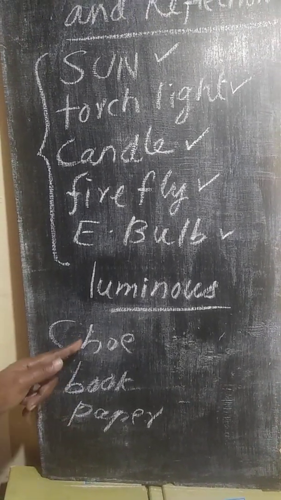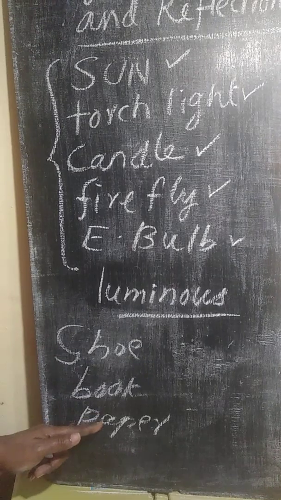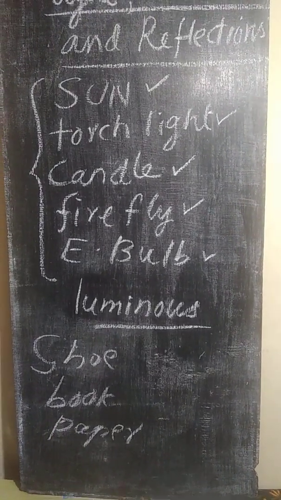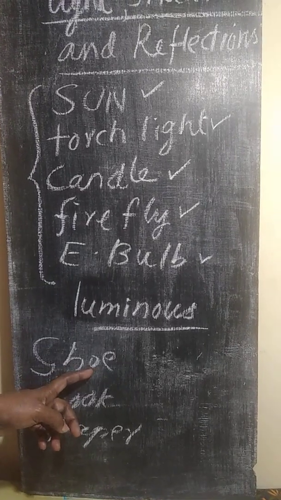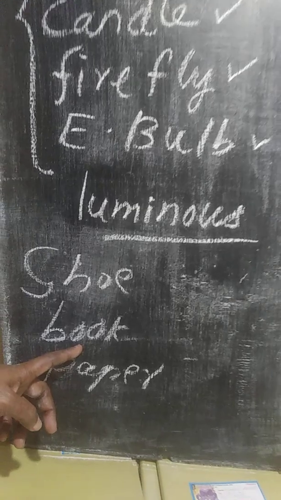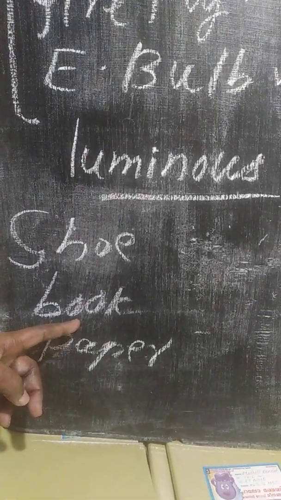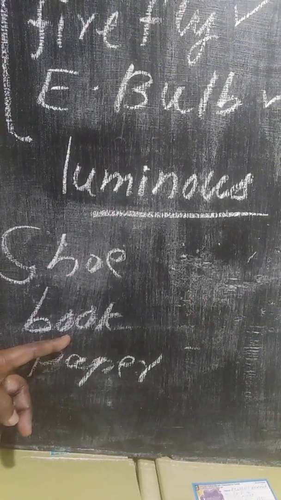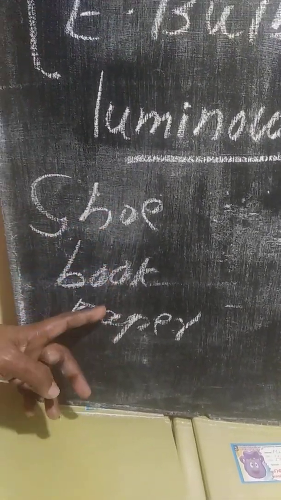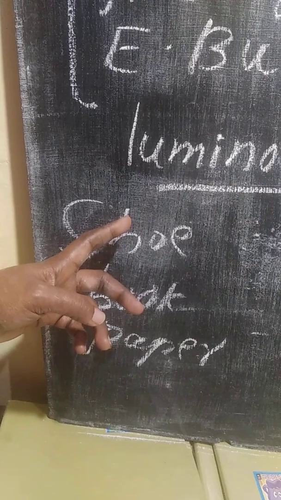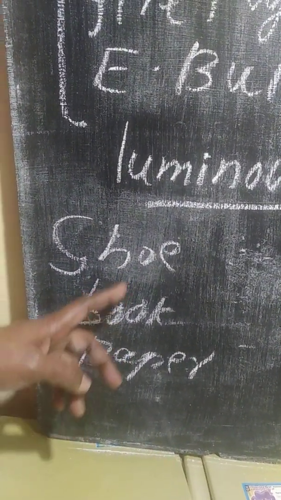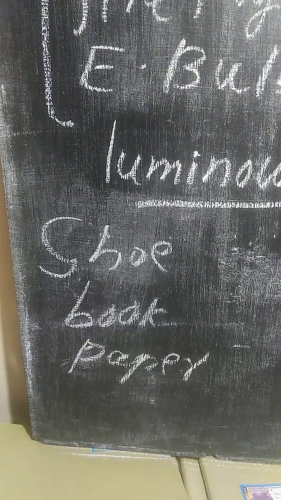And during night time, we are able to see these objects with the help of some source of light other than sun. Shoe is visible with the electric bulb or with a candle. Book can be visible with a candle light or with an emergency light. Because these objects do not have their own light, we should use some other source of light to see them during night time and during daytime.